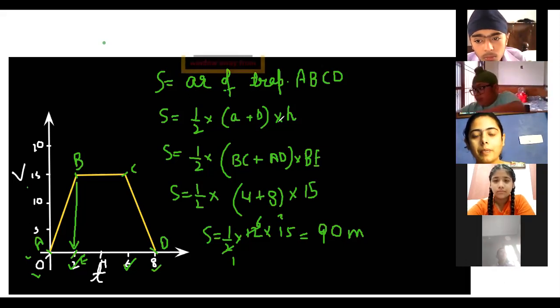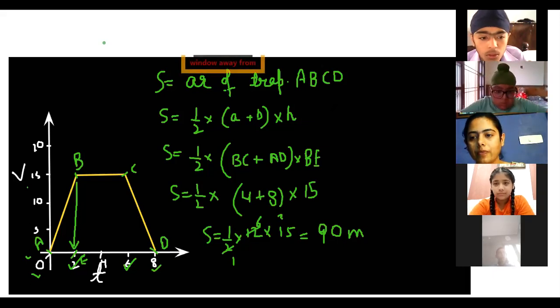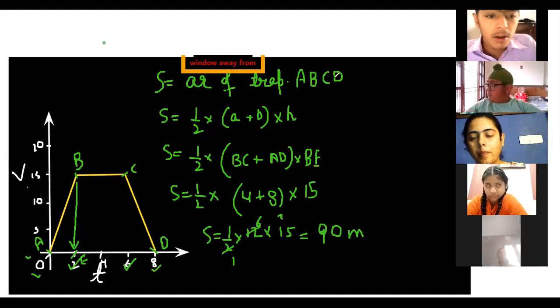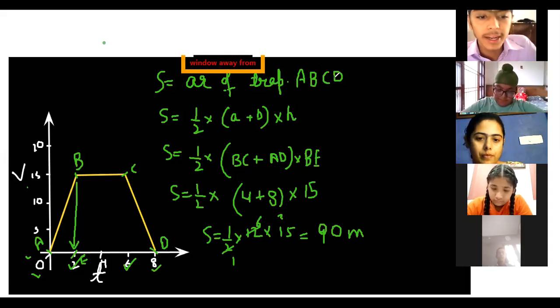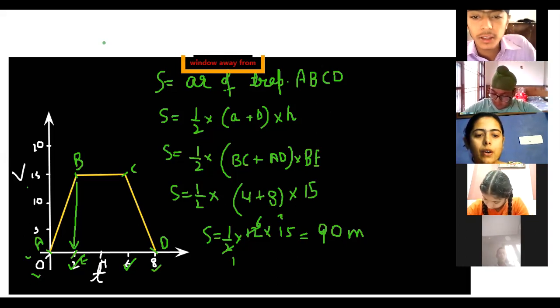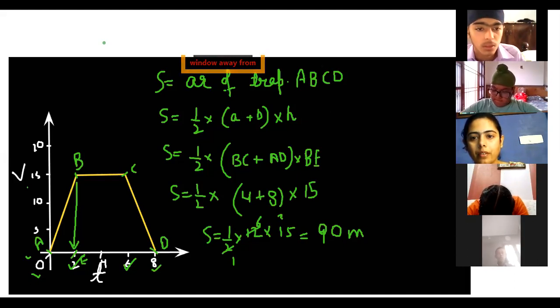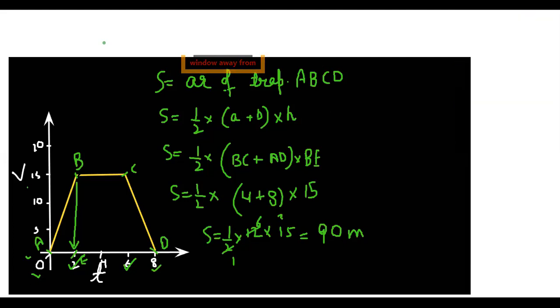Any question? Excuse me, ma'am. Ma'am, how have you taken BC as 4 and AD as 8? Can you explain BC again? Okay. I have taken BC as 4. Your eyes onto the screen. See BC, at B what is the value? It is 2. At C what is the value?